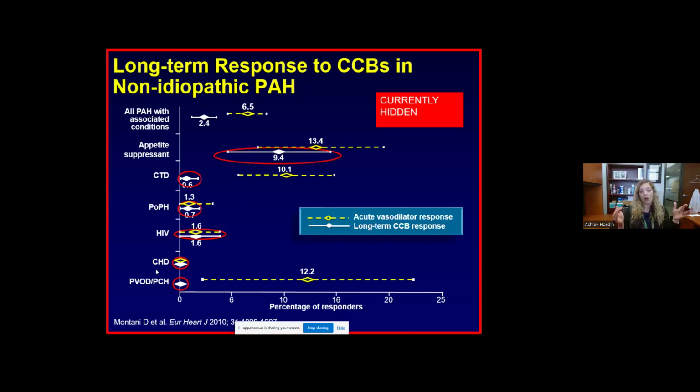So again, these are all types of group 1 pulmonary hypertension, but it's not every patient in group 1 PH who's going to have this survival benefit. So really we say idiopathic, drug and toxin associated, who really need a vasodilator test and then would benefit from long-term calcium channel blocker use.